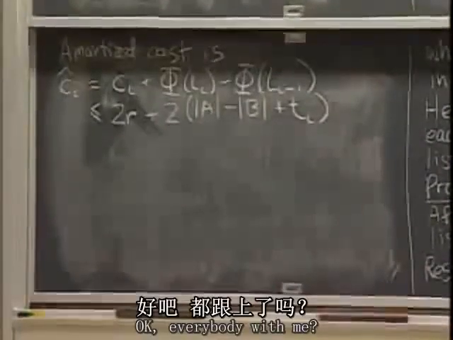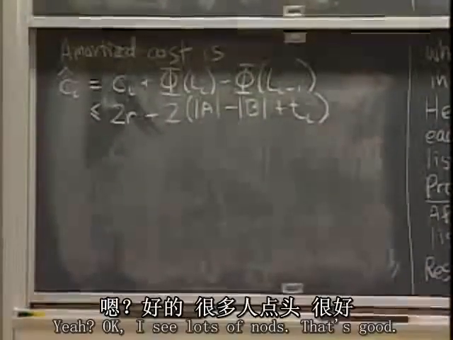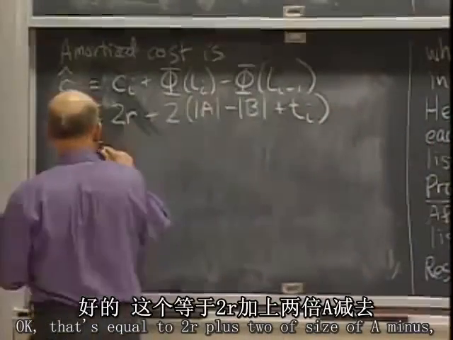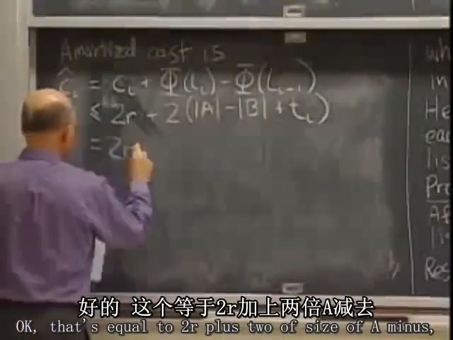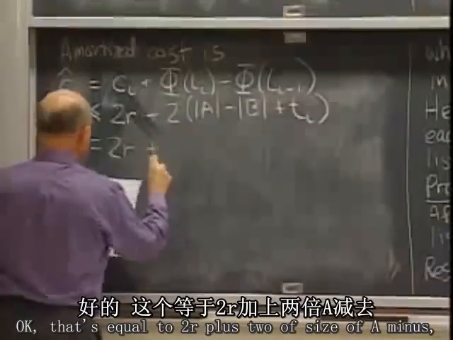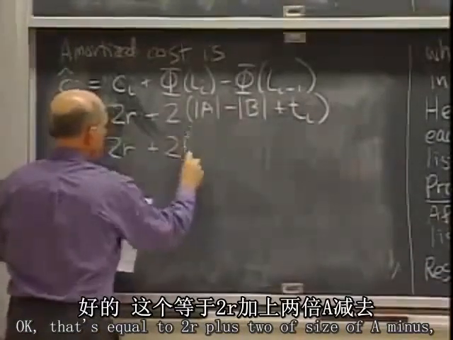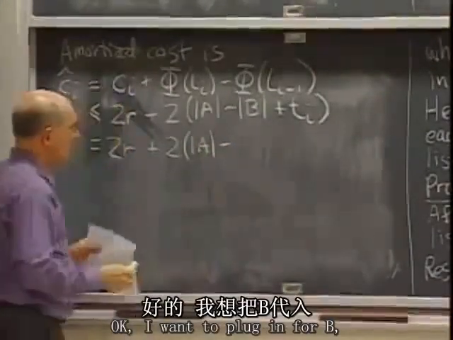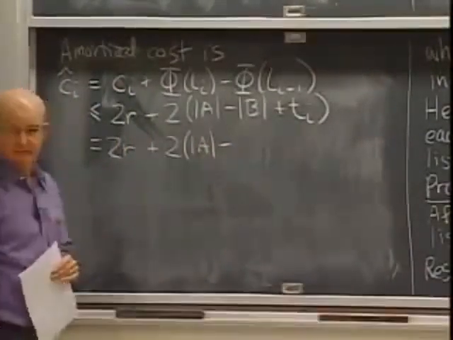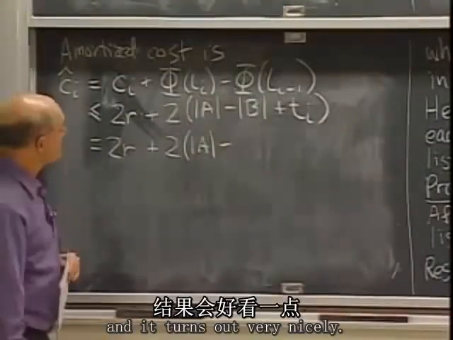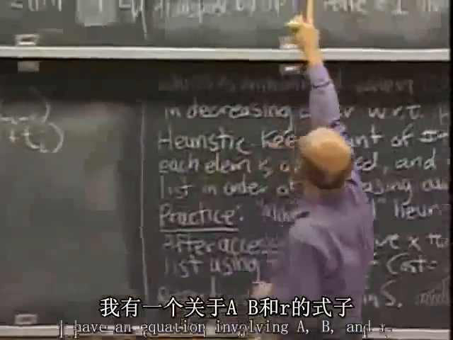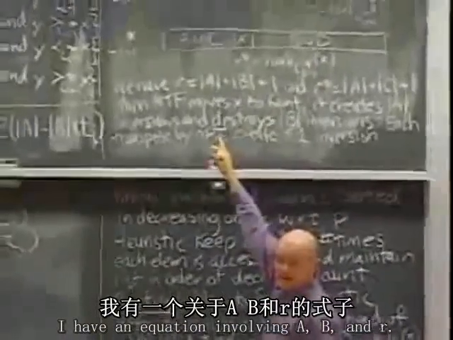Everybody with me? Yeah, okay, I see lots of nods, that's good. That's equal to 2r plus 2 times the size of A minus, I want to plug in for B. And it turns out very nicely, I have an equation involving A, B, and r.